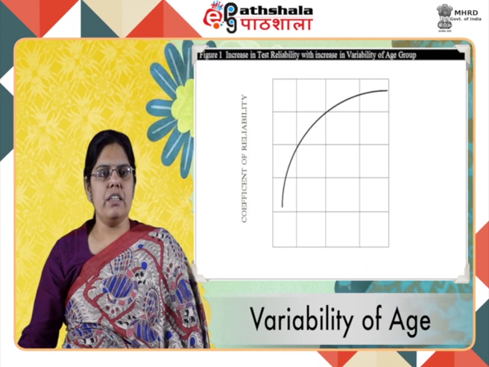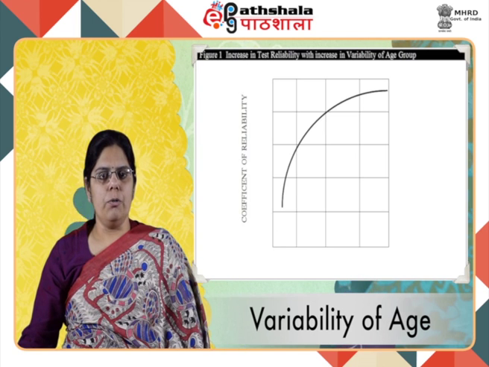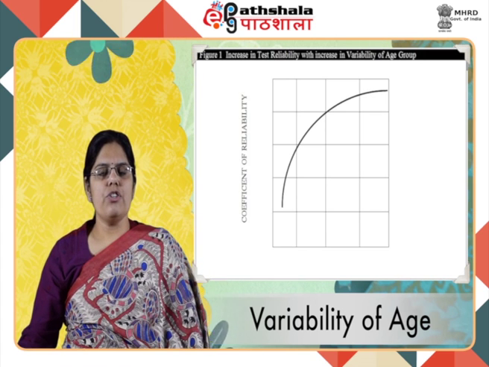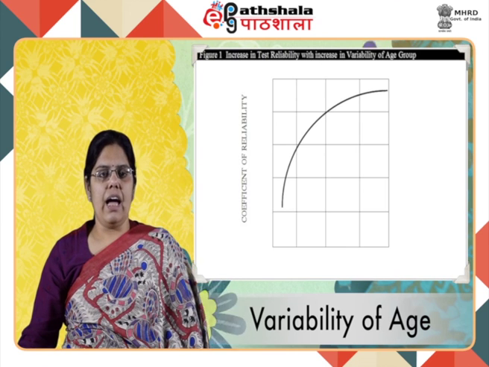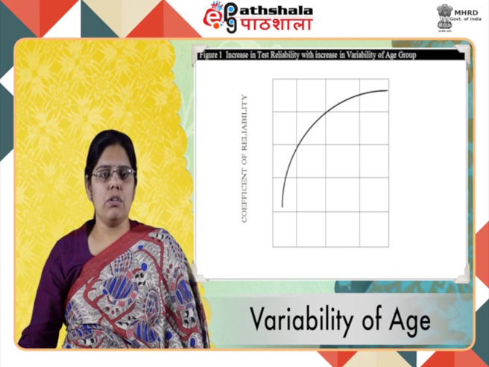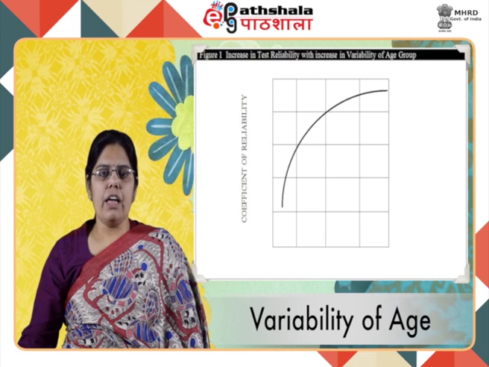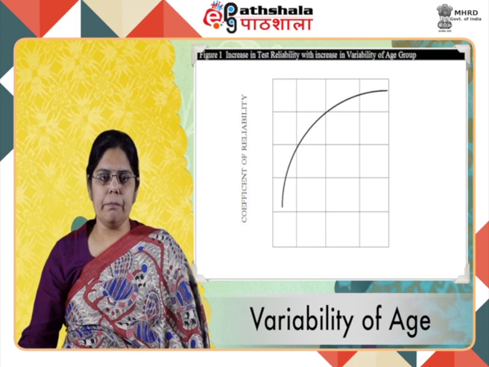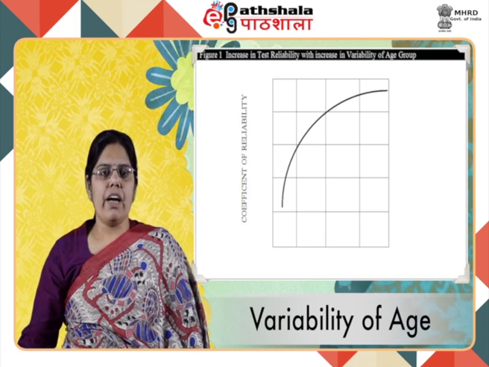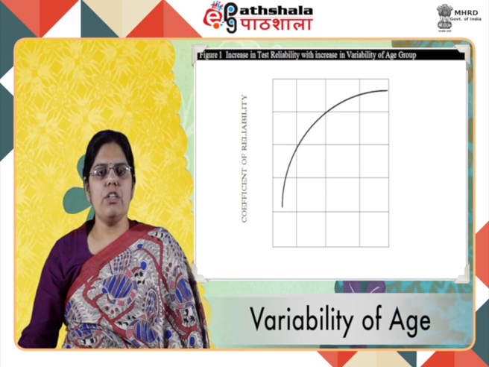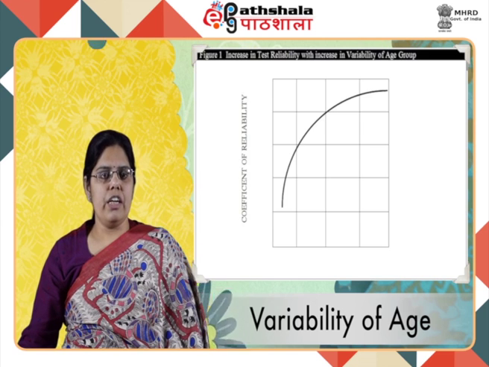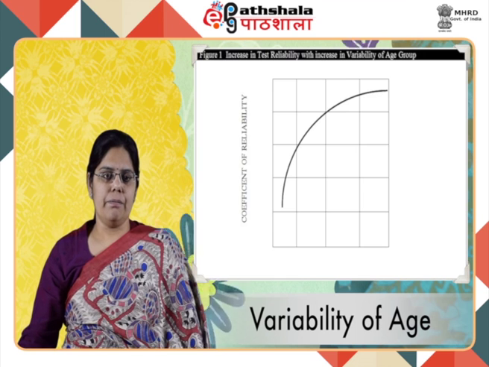Further, if there is a small variation in the group with respect to chronological age, then the correlation of chronological age with test scores would be lower, and a larger variation in chronological age will make the value of the correlation coefficient greater. Therefore, while interpreting the reliability coefficient of a test, it is necessary to know the range of age of participants on which the test is standardized.